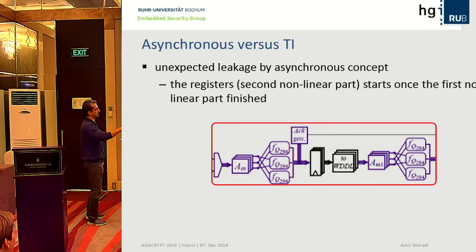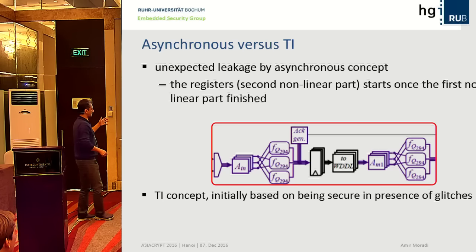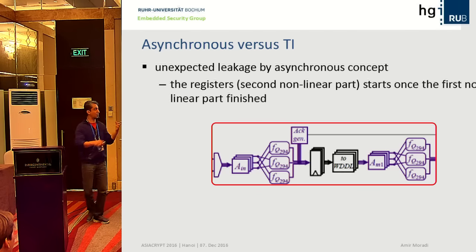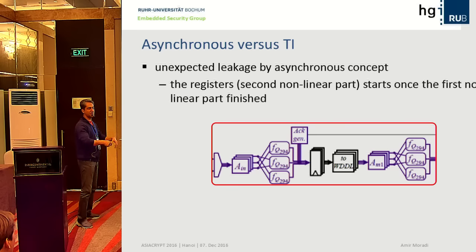Or even one of them done, and the second one is done, the third one is done, then save in the register. The problem is that this is already a non-linear function over these shares. It means that when all of them are done, then save. Then you are already leaking information about these 3 shares. That is the source of the leakage.